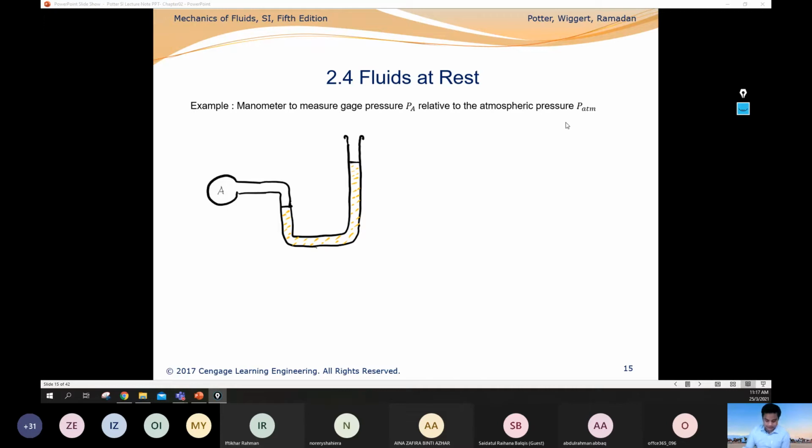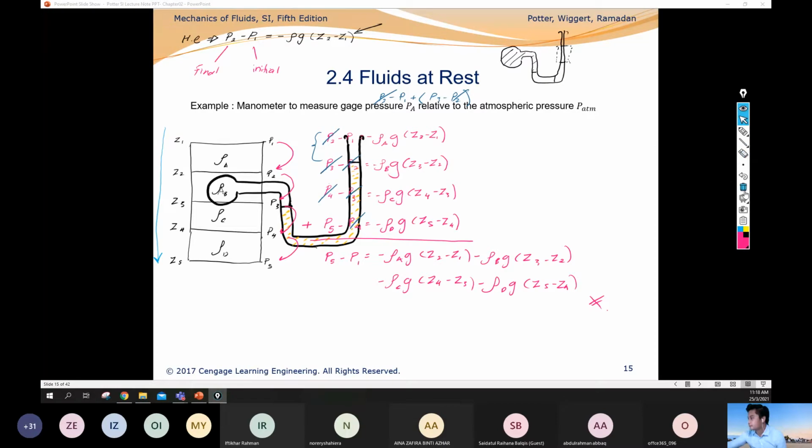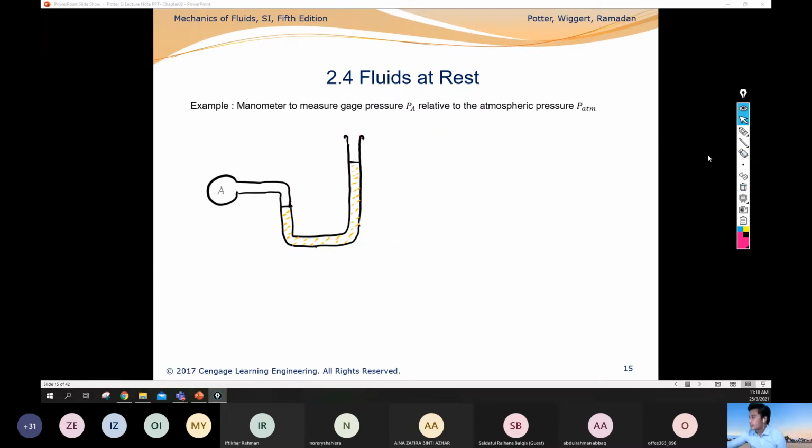So the question asks, find the gauge pressure of A. Okay, I try to add one thing here. The question asks, find P A gauge.